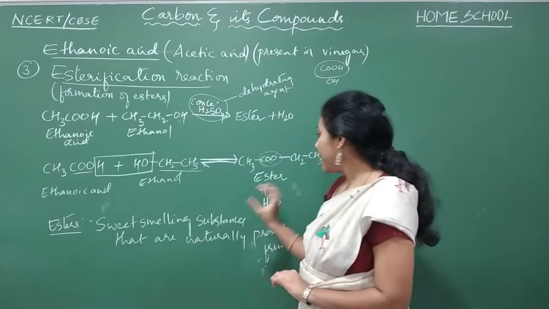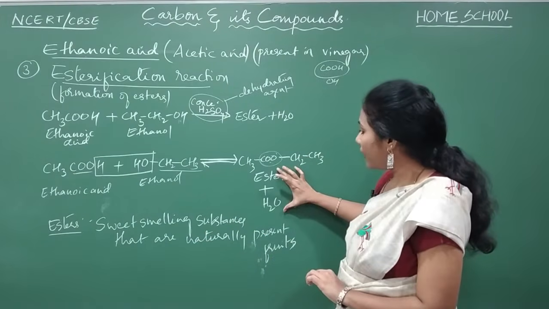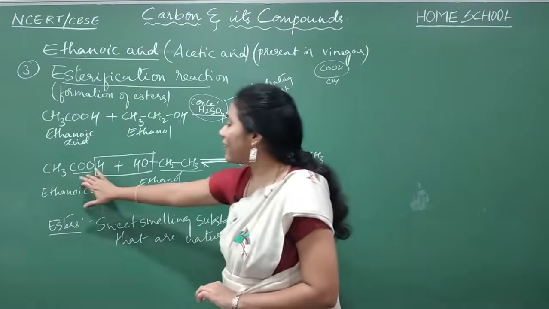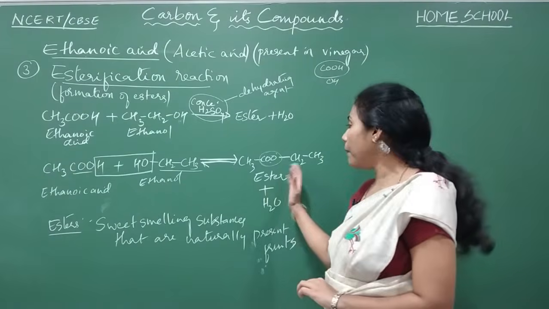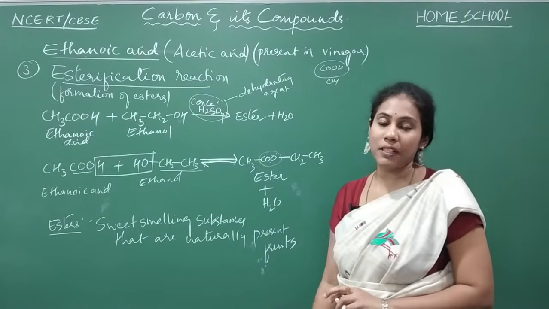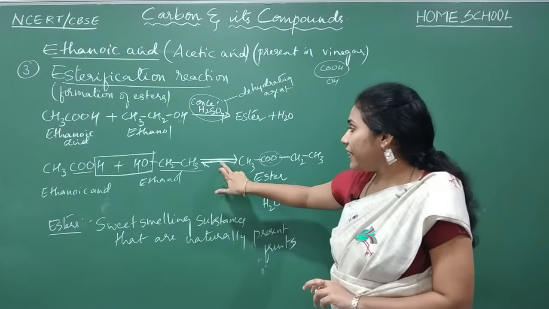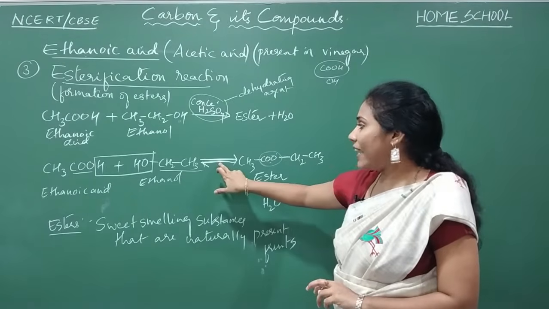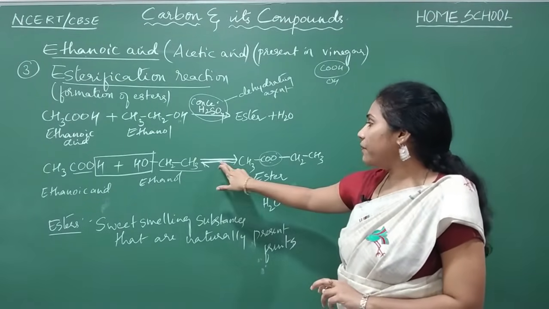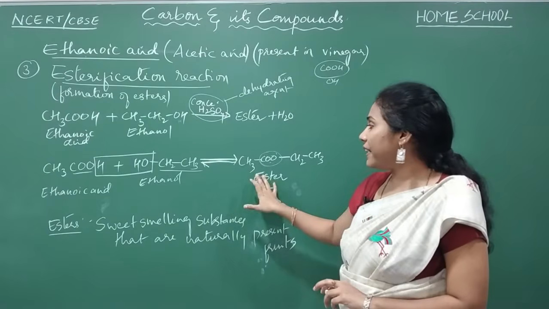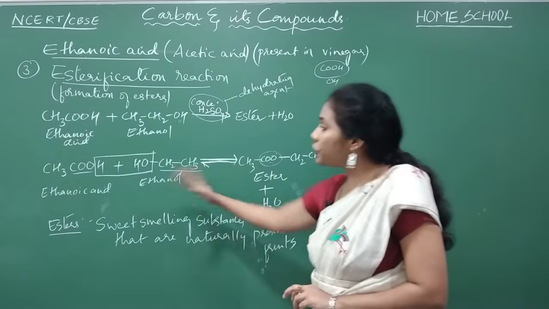That means when the ester and water combine, you will get back these reactants. Opposite reaction is also possible. That is why we indicate this particular arrow mark. Whenever we put this arrow mark, it means the reaction can be reversible.